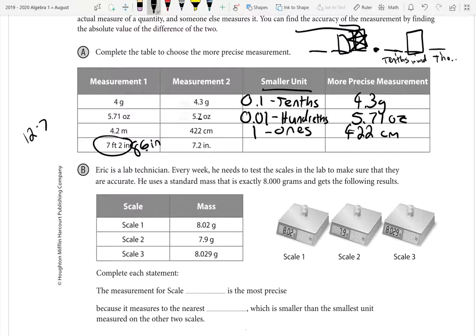Now, 86, remember, only goes up to the ones place, whereas 7.2 goes all the way over to the tenths place, making the 7.2 more precise because it's gone further into the decimals, if you will.